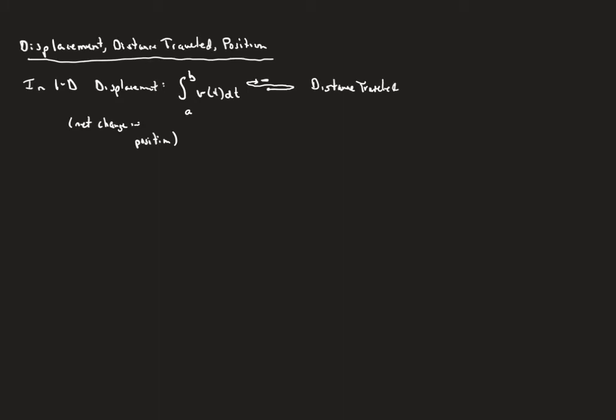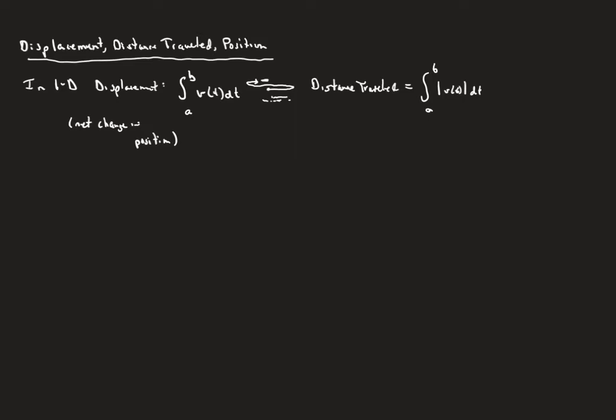So in displacement, when we move to the right and then turn back and move left, those cancel each other out. For distance traveled, we want to count all of the steps, and so we would integrate from A to B the absolute value of the velocity. So that's always going to be a positive number, and it's going to include the steps we went right and add to that the steps we went left.